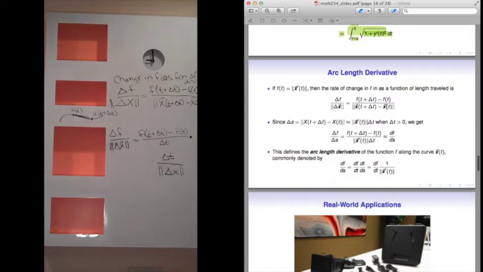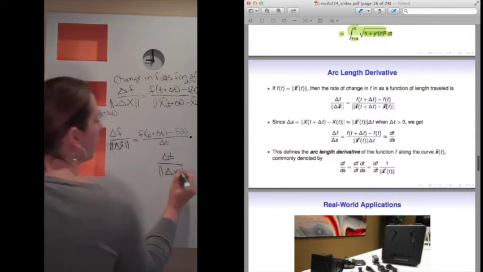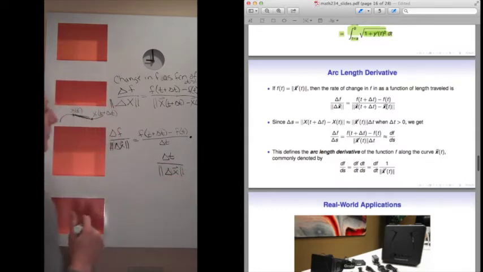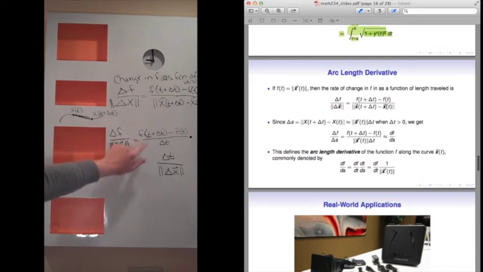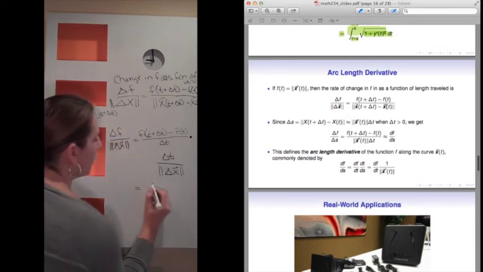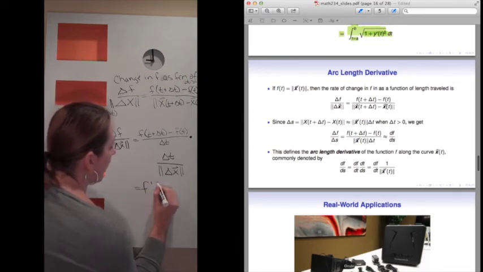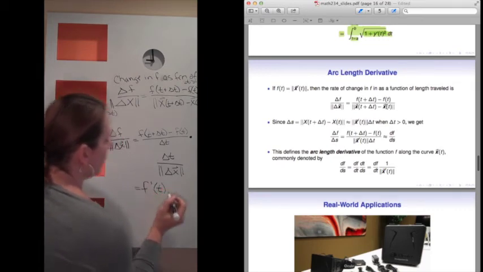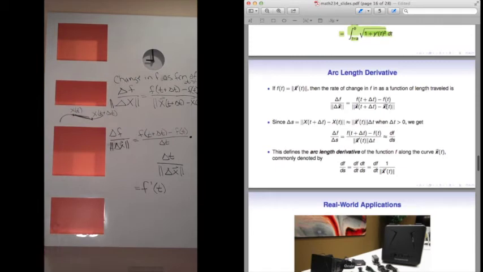So this is a length in three-dimensional space. Again, I'll go ahead and write this as a vector. Now I have two terms. The first term is f prime of t. The second term is a little harder to understand, but imagine having it flipped over.